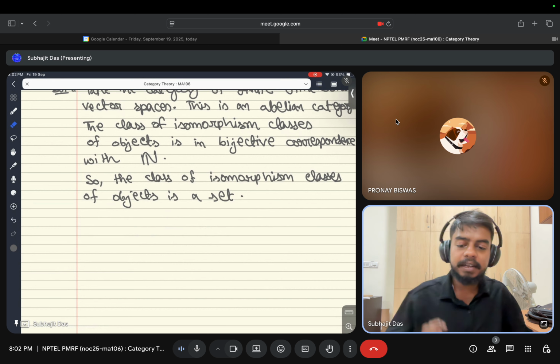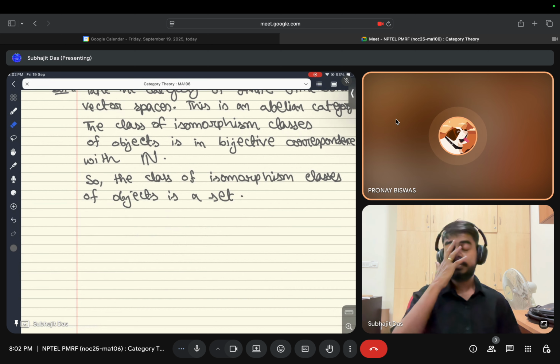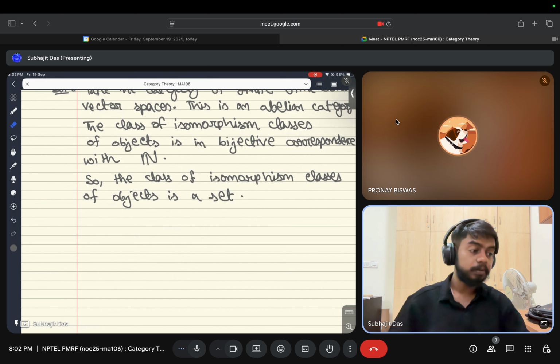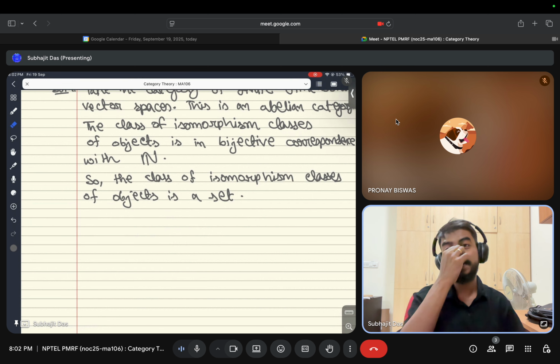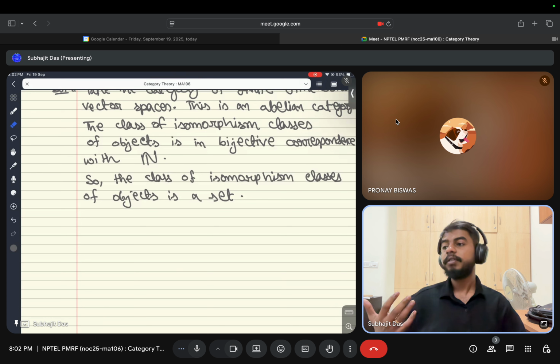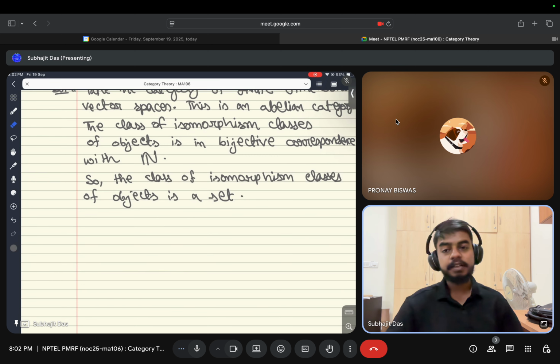For example, every finite dimensional vector space is isomorphic to its dual, right? This also is not a good example, because the dual functor is supposed to be a functor from Vect op to Vect, and the identity functor is supposed to be a functor from Vect to Vect. So you can't really talk about a map from one to the other.